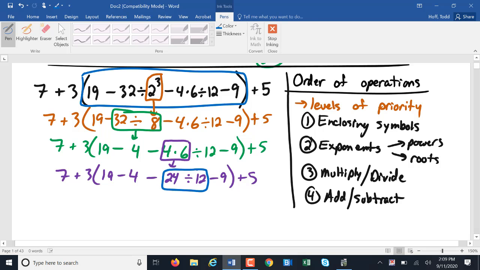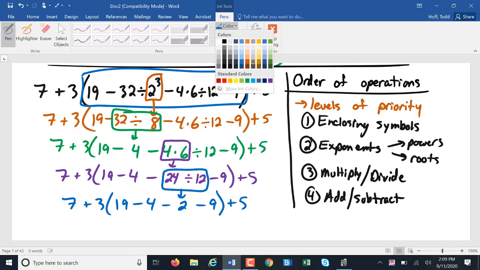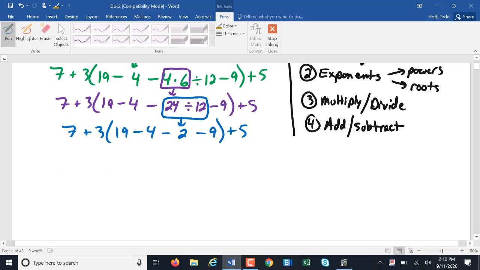This is the division. 24 divided by 12 is 2. Now all that's left in that parentheses is addition. Actually, it's all subtraction. So we're going to go left to right. First, we have 19 minus 4, which is 15. Good.